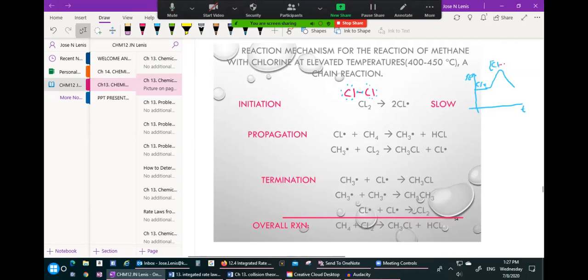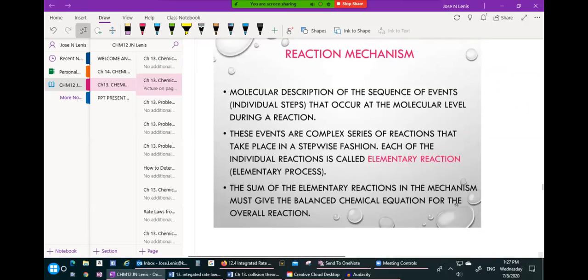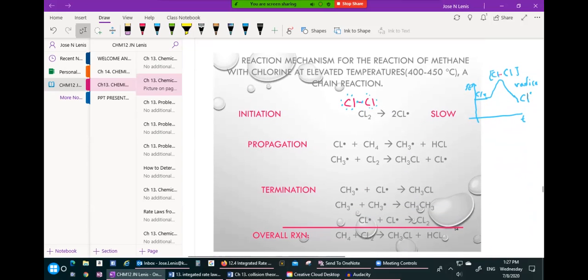It's ready to break, to form the radicals, and that radical will be Cl dot, with one electron. This is a homolytic fracture of that bond, forming the radicals. Radicals are very unstable species.